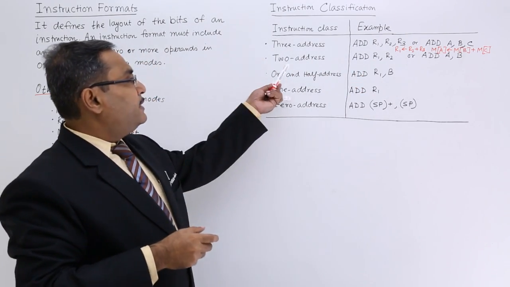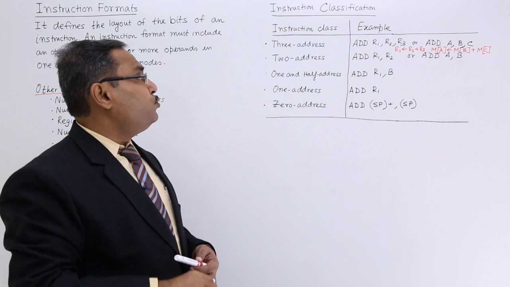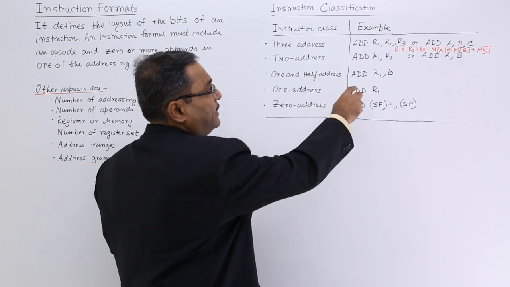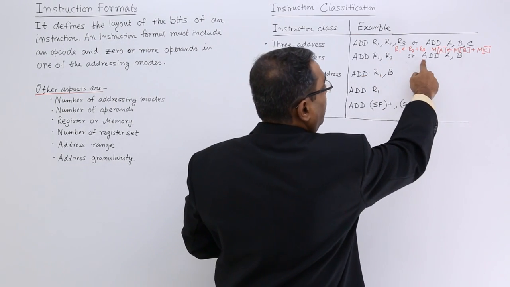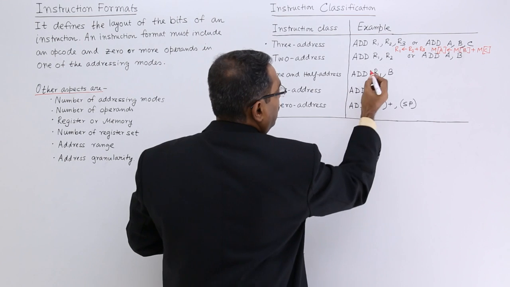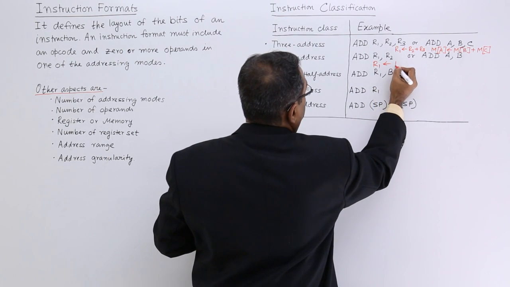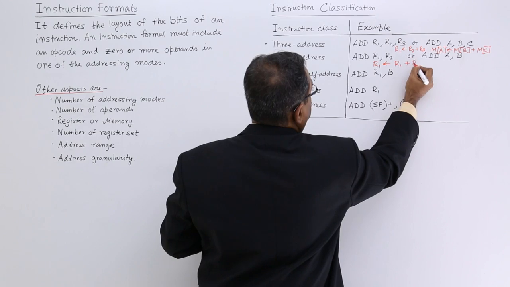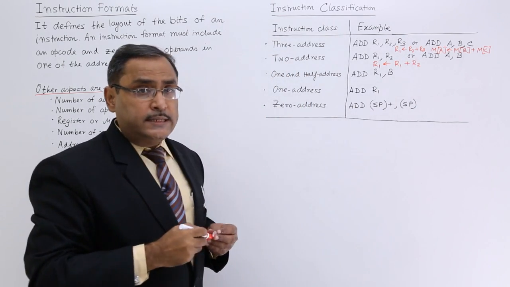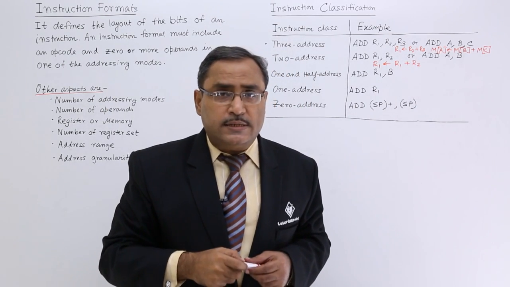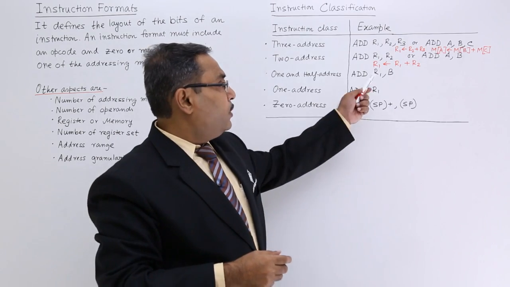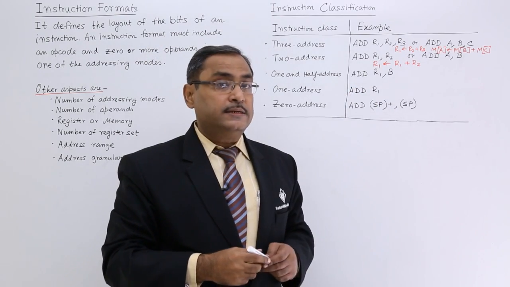Now we have the 2 address instruction format. In case of 2 address instruction format, we have add R1, R2 or add A, B. What is R1, R2? Add R1, R2 means R1 here is working as a source register, and along with that R1 is working as a target register.